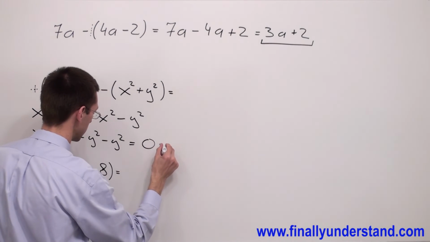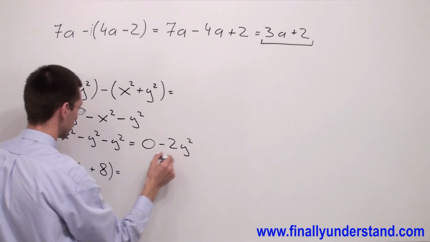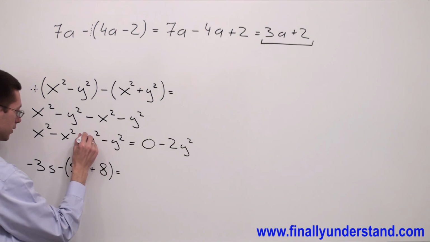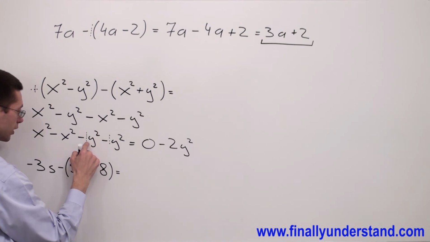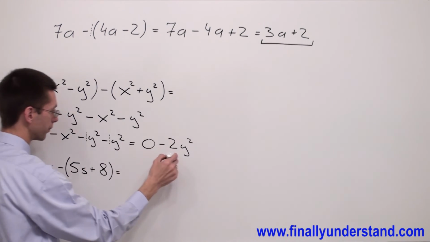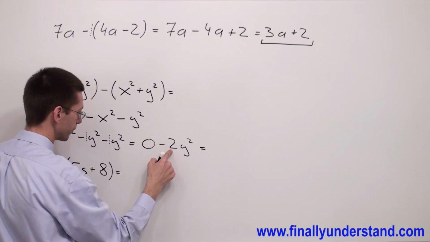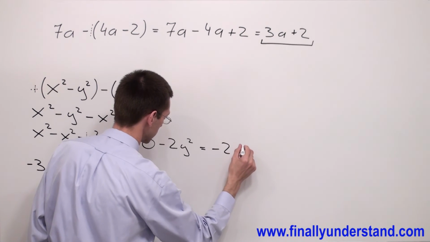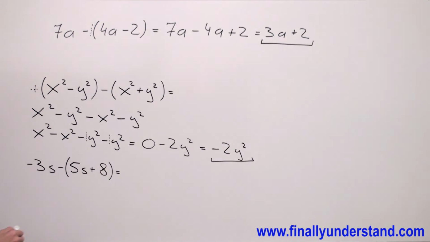That's why I have negative 2y squared. Okay, because I have to keep the sign. And remember, anytime there is no integer, there is always invisible one. So 1 plus 1 gives me 2. 0 minus 2 is negative 2, in this case, y squared. This is the solution to my problem.